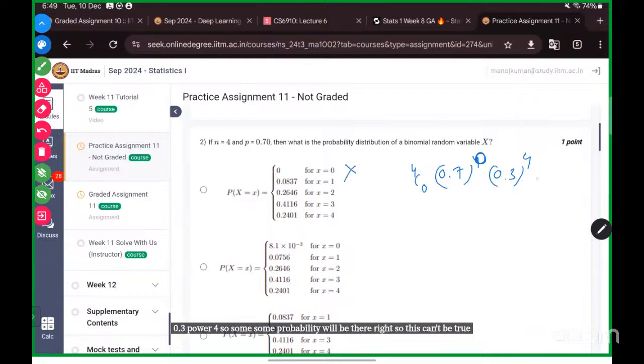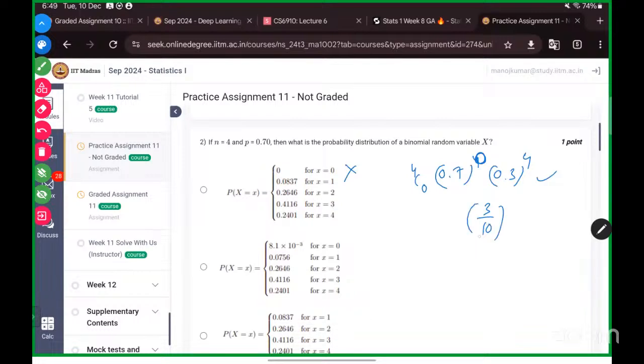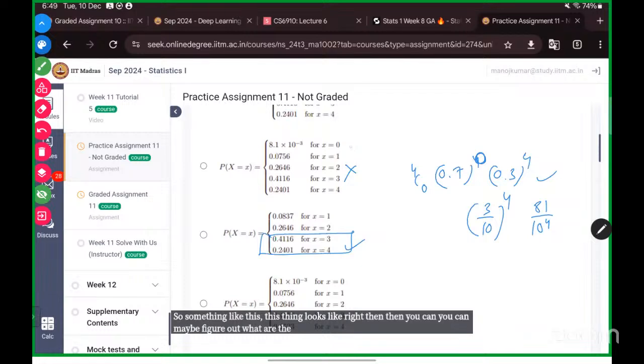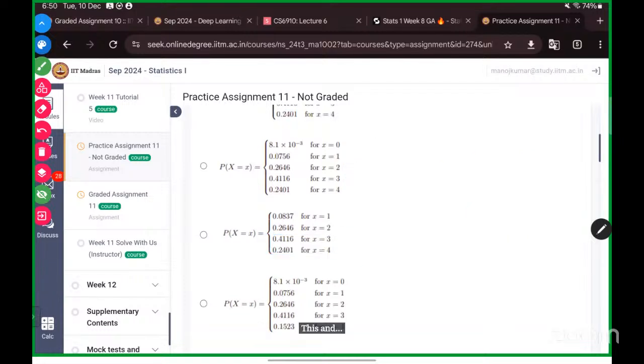You can figure out this one, which is looking like actually 3 by 10 power 4, right? So 3 power 4 is 81, and 81 by 10 power 4. Something like this. This thing looks like it, right? Then you can maybe figure out what are the different choices given. So this and this and this cases are looking to be maybe correct, right?